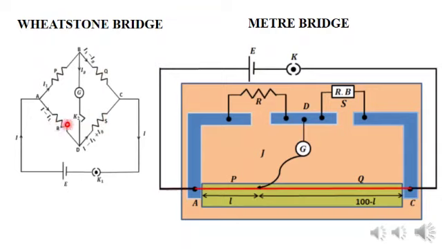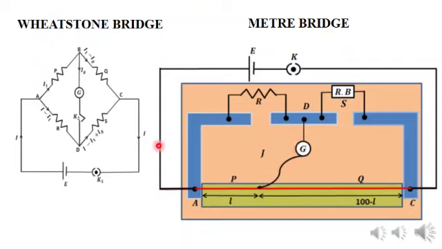In a Wheatstone bridge, one side of resistance P is connected to the positive terminal of the cell, and the other side of P is connected to the galvanometer. Similarly, in meter bridge, one side of P is connected to the positive terminal of the cell, and the other side of P is connected to the galvanometer.